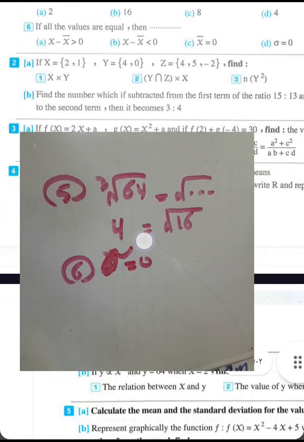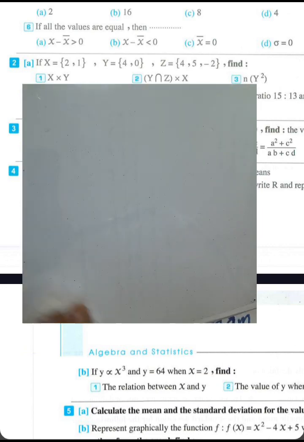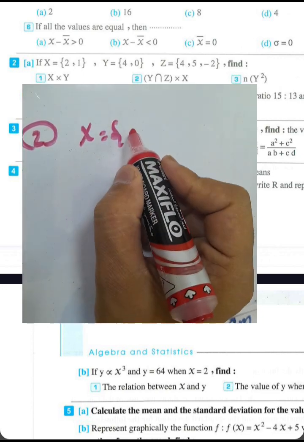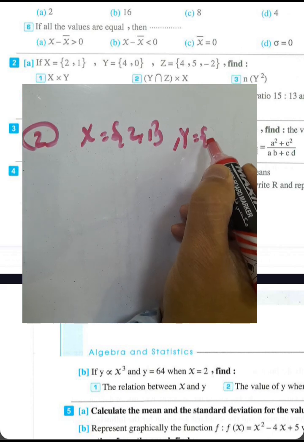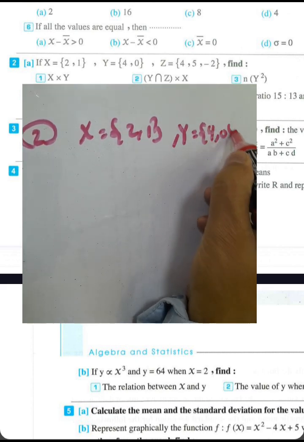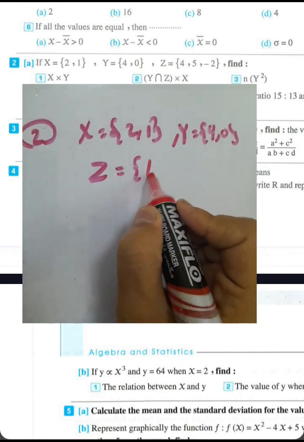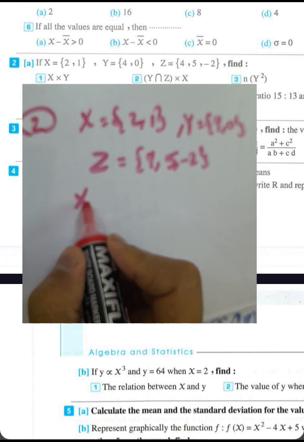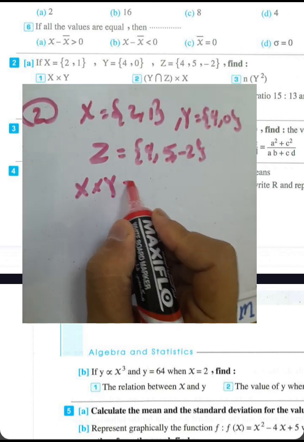Question number 2. If x equals the set of 2 and 1, and y equals the set of 4 and 0, and z equals the set of 4, 5 and negative 2, we want to find the Cartesian product between x and y.